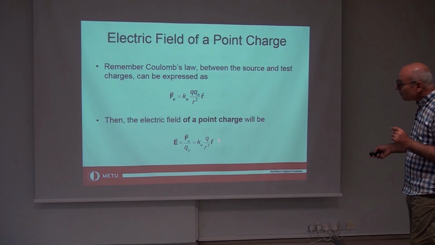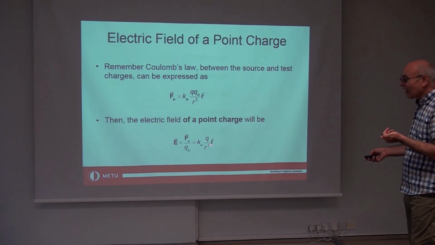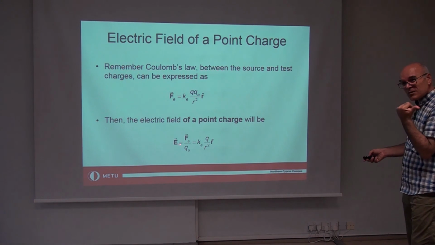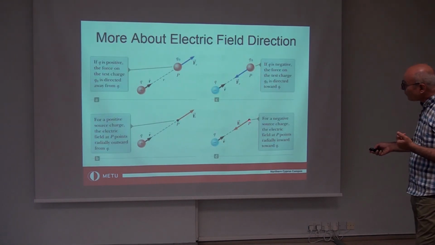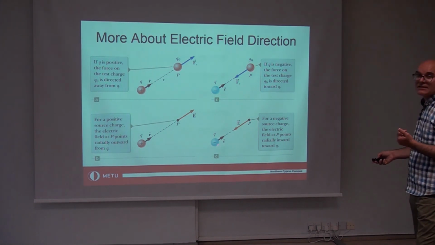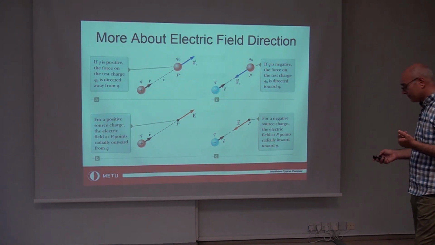So E should be anti-parallel to r hat, that is, pointing in the opposite direction of r hat. And indeed, as we have found before, the electric field of this negative charge at this point P is in this direction, which is against the direction of r hat.